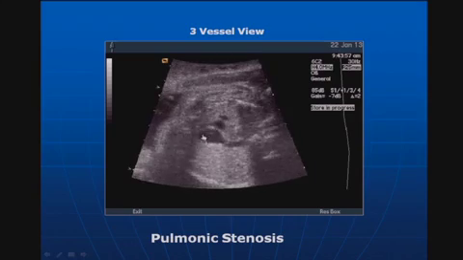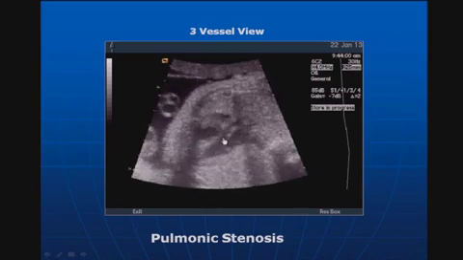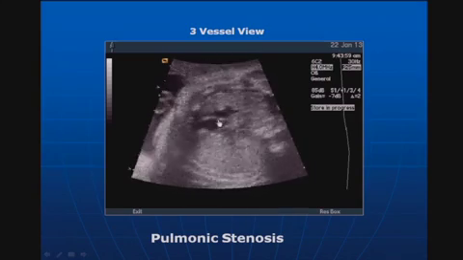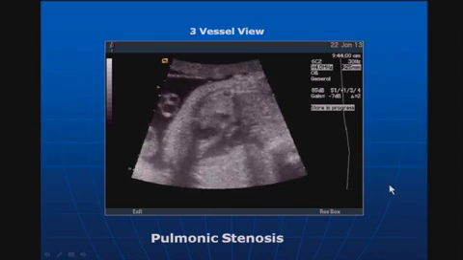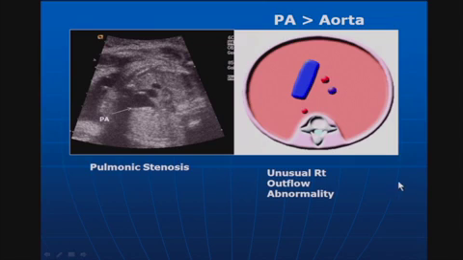So you come from here, see the pulmonary artery is markedly discrepant in size compared to the aorta. It's much larger, actually compresses the aorta a little bit. And in this case of pulmonic stenosis, we see that the pulmonary artery is much larger than the aorta and actually compresses some of the LVOT as well.